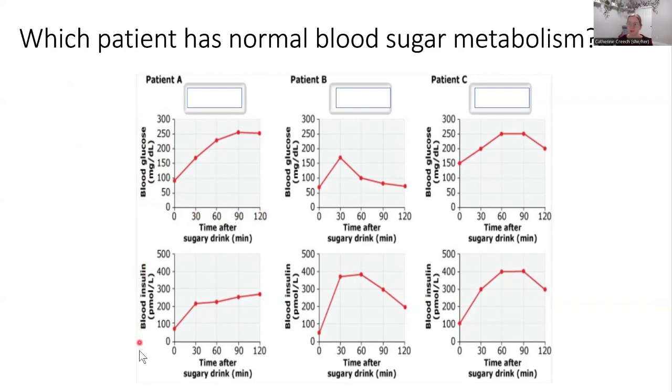The second graph on the bottom is blood insulin level from 0 to 500 and the same time range. So one of these patients has normal blood sugar metabolism. They do not have diabetes. They are healthy. One of these patients has type 1 diabetes, and one of these patients has type 2 diabetes. Who do you think is who?